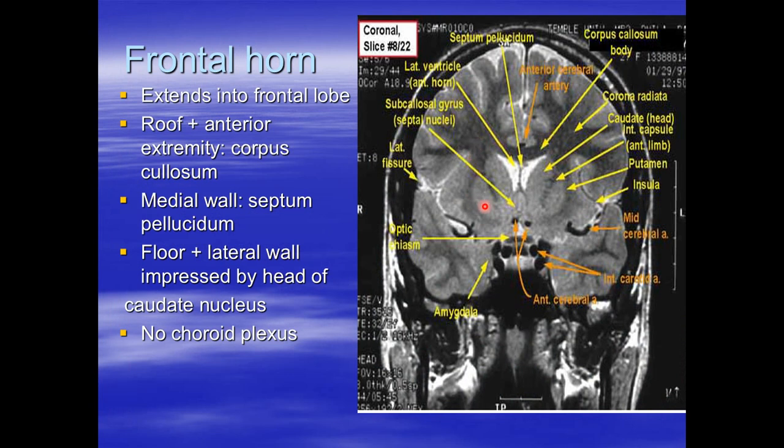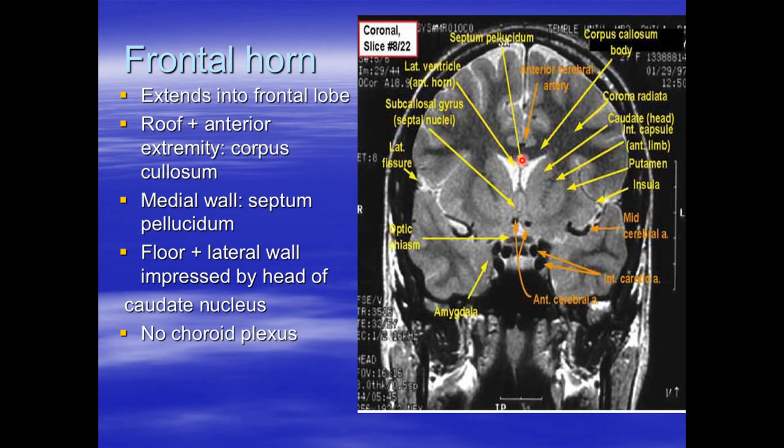Regarding the frontal horn of the lateral ventricle, it is the anterior horn and extends into the frontal lobe. The roof and the anterior extremity lie under the corpus callosum. This is the corpus callosum, so the roof and the anterior aspect of the anterior horn of the lateral ventricle lie below the corpus callosum.